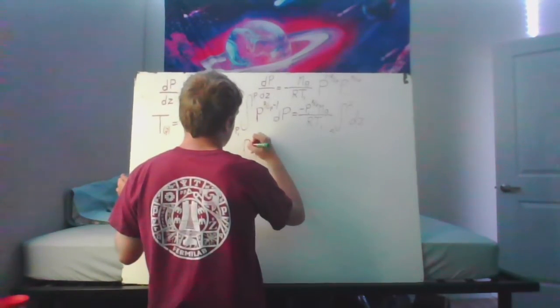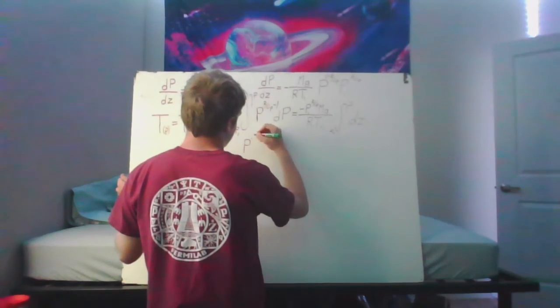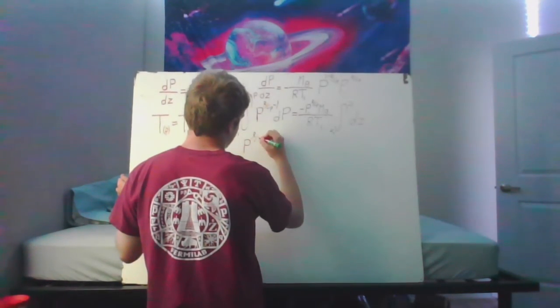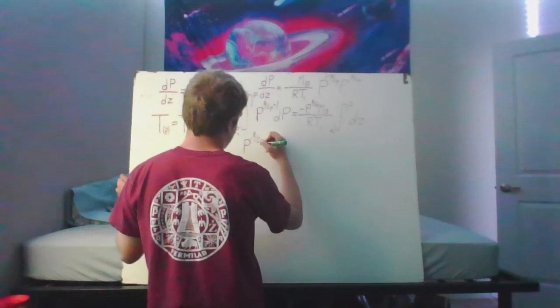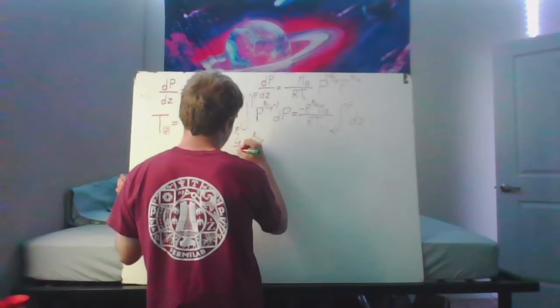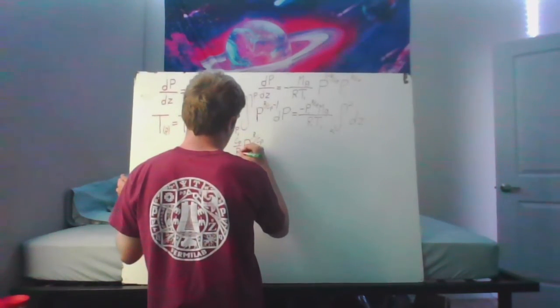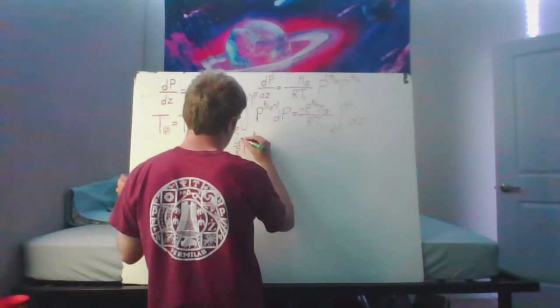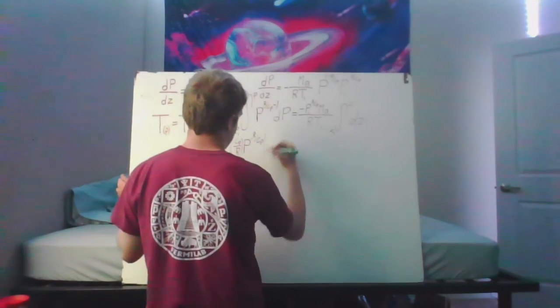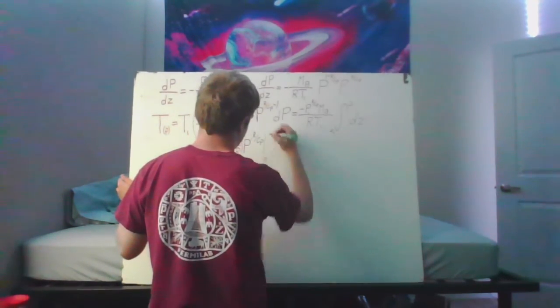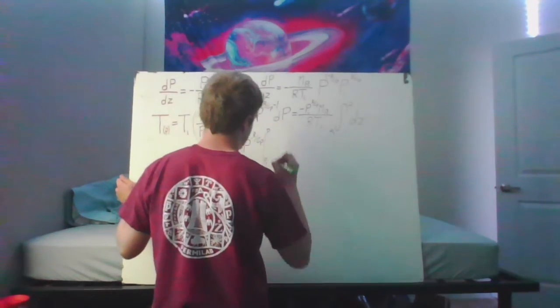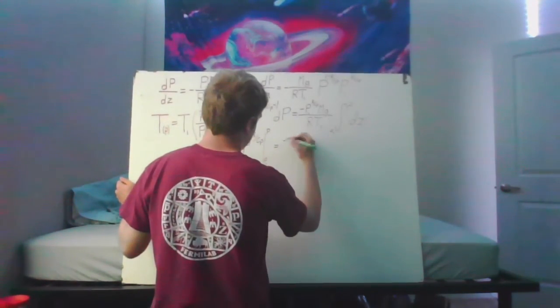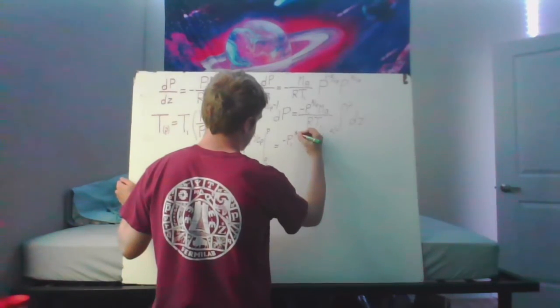We will have P to the R over Cp multiplied by Cp over R, and that will be evaluated from P1 to P. And then our constants will stay the same.